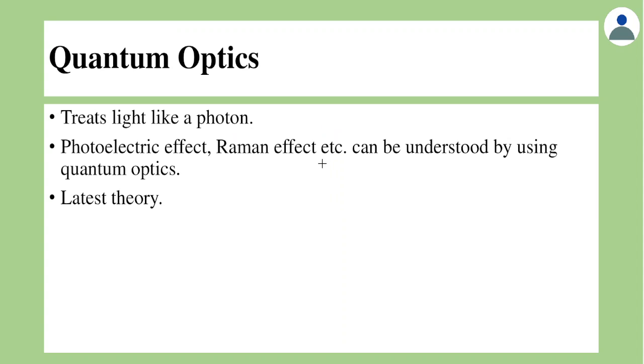The third branch is called quantum optics. Under this, we treat light like a photon. But to be more technical, we treat light to be like a wave function. So that branch of optics which treats light like a wave function is called quantum optics.